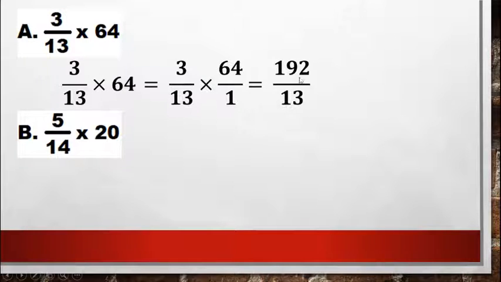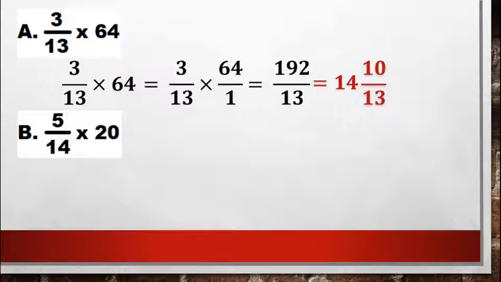So 192, to make it a simplest form, we need to divide 192 by 13. So the answer would be, very good, we have the whole number, or the quotient, which would be 14, and the remainder would be 10 over 13.